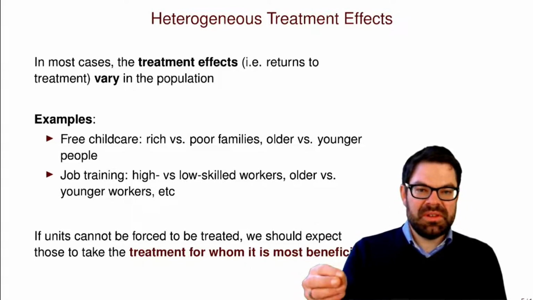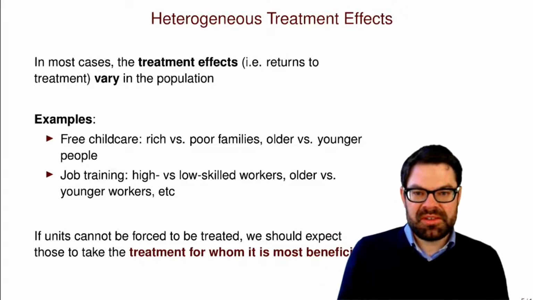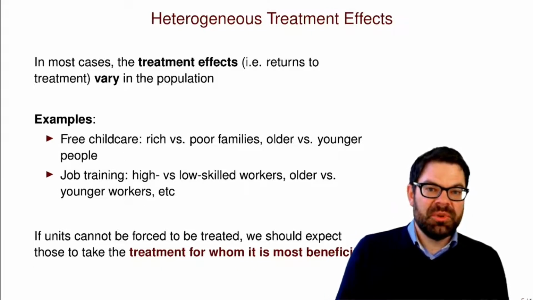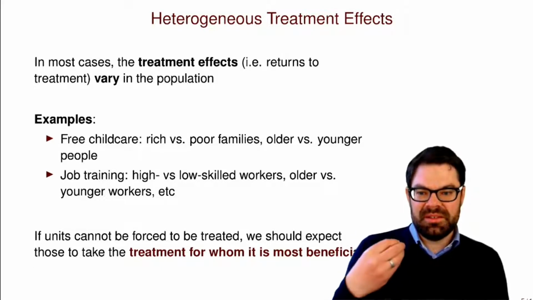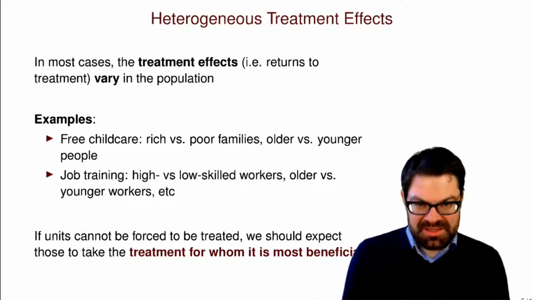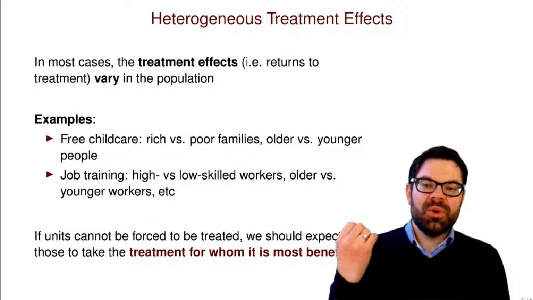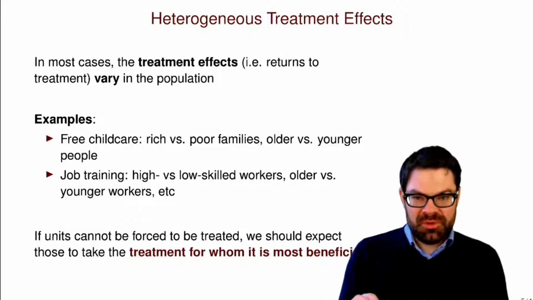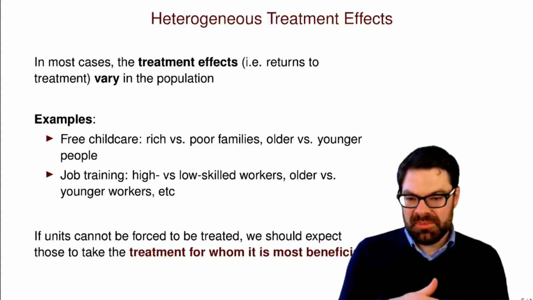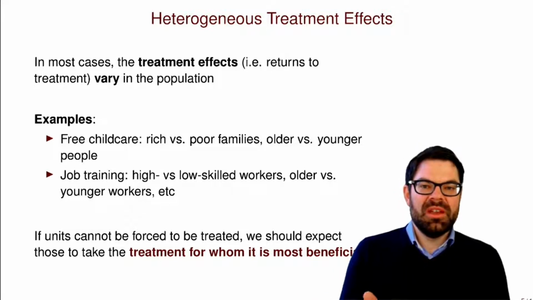And so here is where heterogeneous treatment effects come in as one of the challenges here, but also one of the ways to make the econometric analysis a lot more realistic. In most cases, the returns to treatment vary in the population. So think about job training programs.